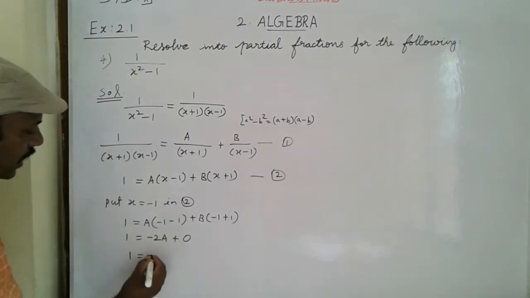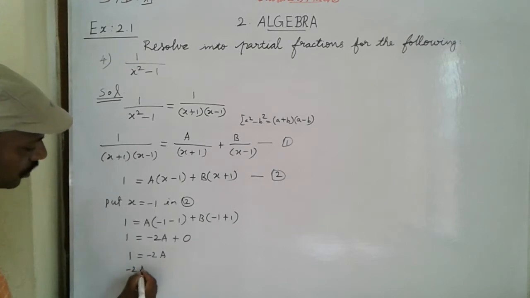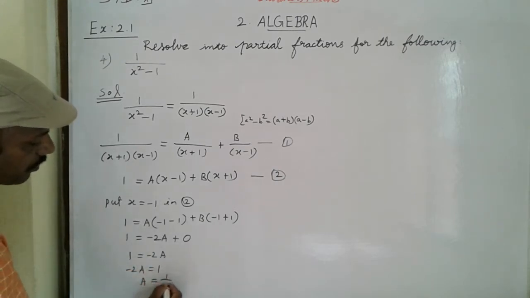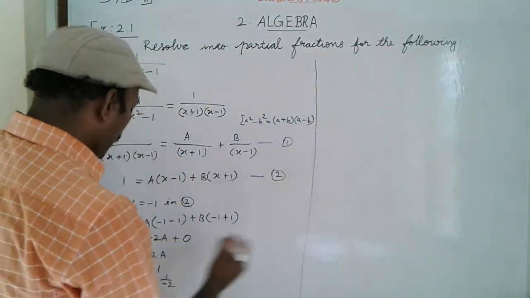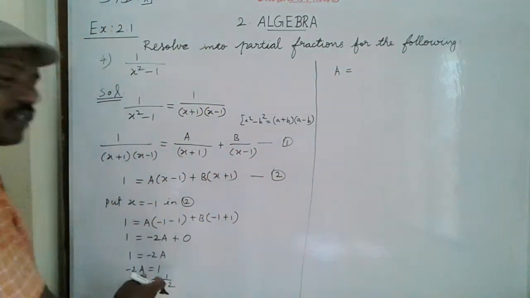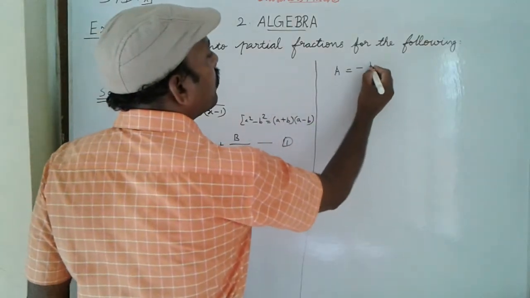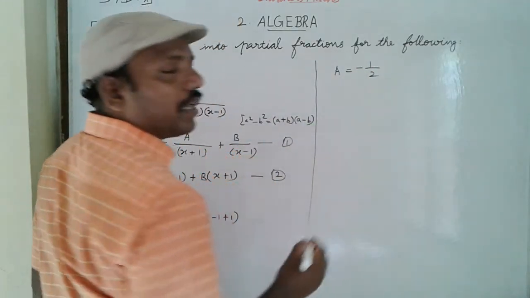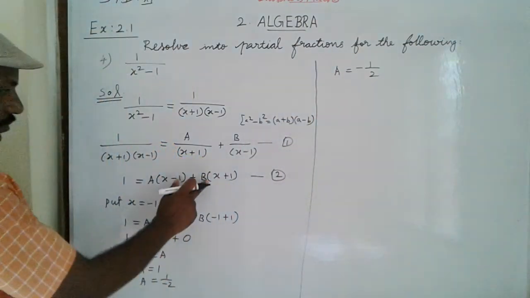So 1 equal to minus 2a. So interchange these places, minus 2a equal to 1, a equal to 1 divided by minus 2, which is minus 1 divided by 2. A equal to minus 1 by 2. We should find out b value now.